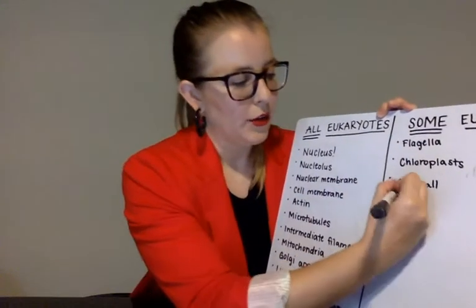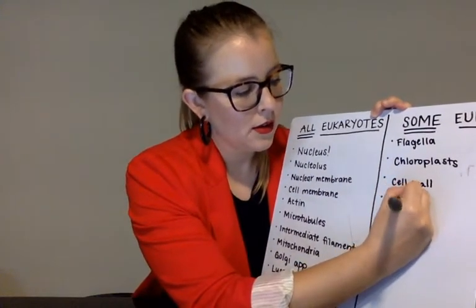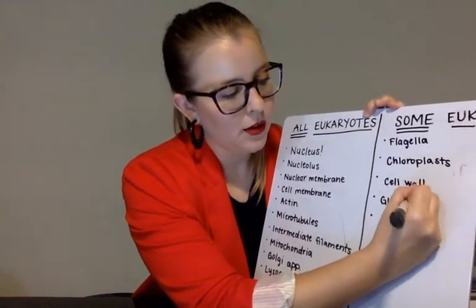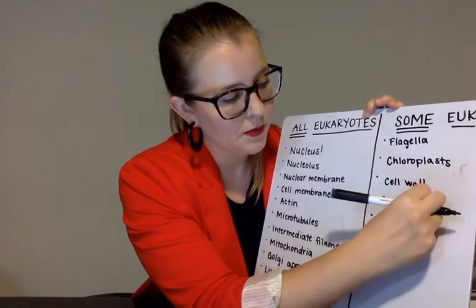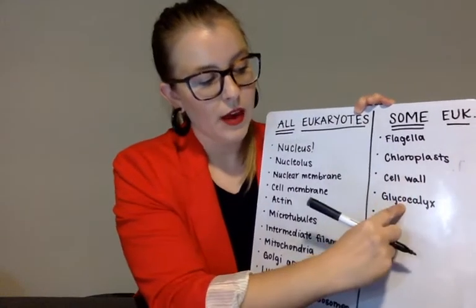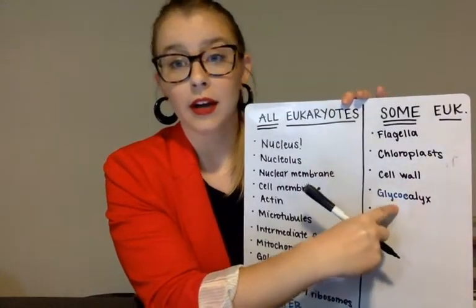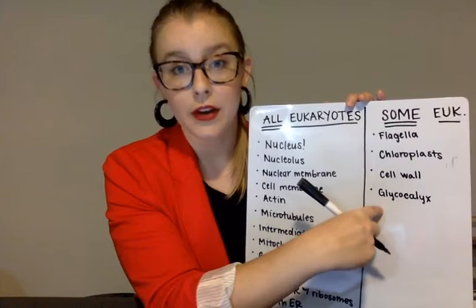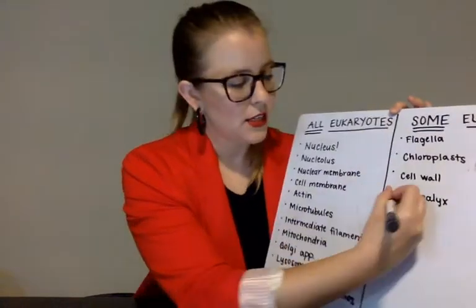And then we have the glycocalyx, which you'll probably remember that name. Oops, glycocalyx. So that was something that we learned about with bacteria. We're going to be talking about the glycocalyx of eukaryotes in this case, and centrioles.